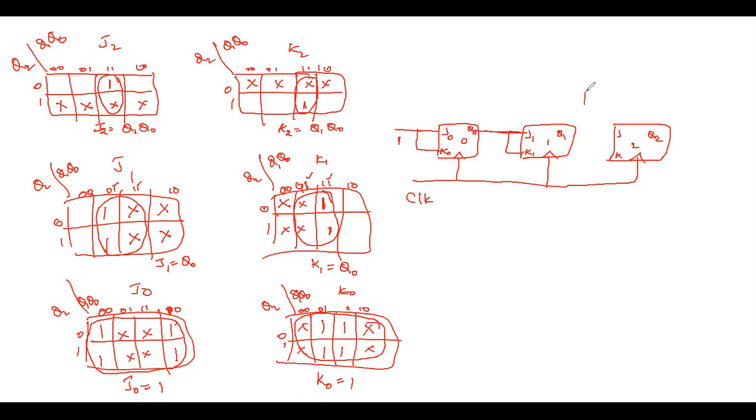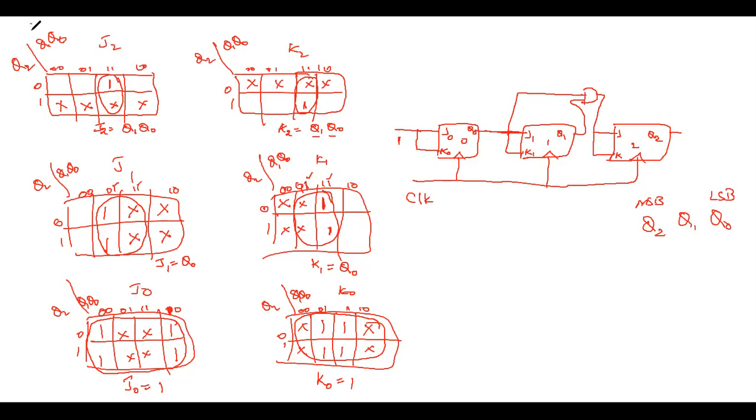One AND gate is taken, and its output is given to J and K. The inputs to the AND gate are Q1 and Q naught. So this is Q naught, this is Q1, and this is Q2. The final outputs are Q2, Q1, Q naught, MSB to LSB.